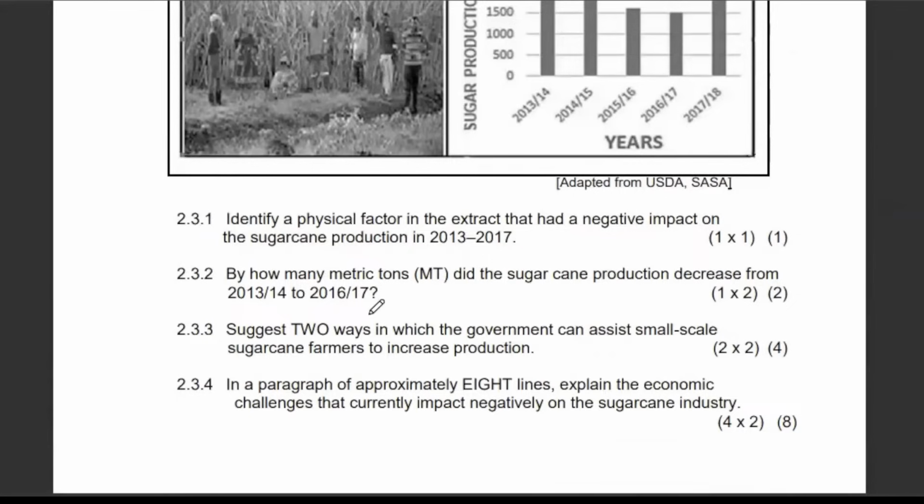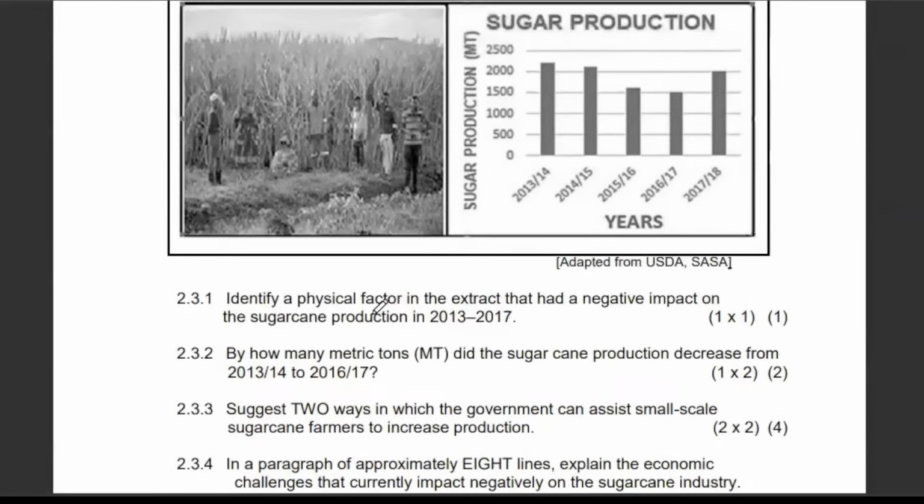By how many metric tons did the sugarcane production decrease from 2013-14 to 2016-17? If we check there, 2013-14, sugarcane production in metric tons was somewhere there.